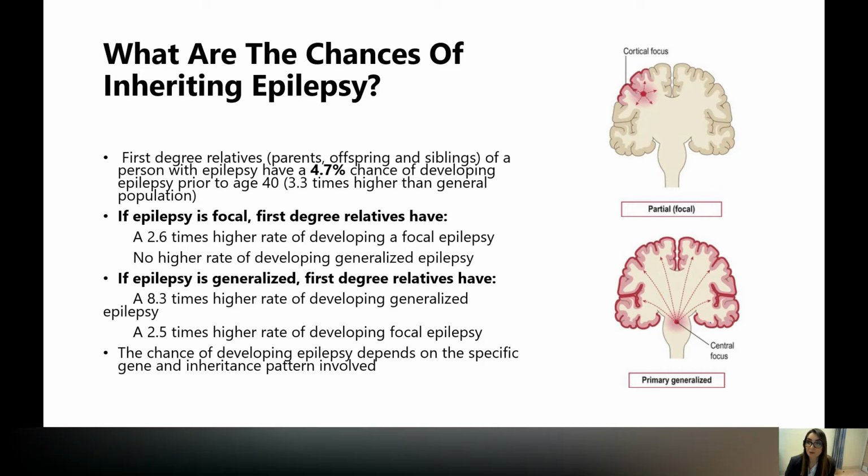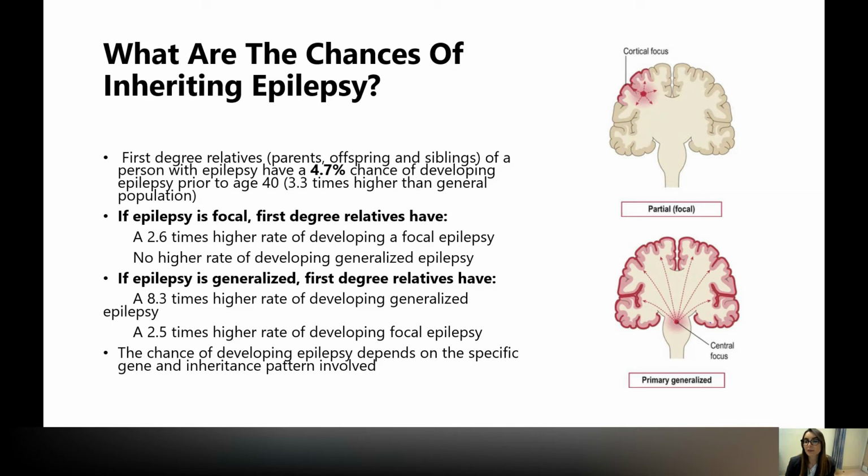So for example, if a person has what we call a focal epilepsy, which is when a single area of the brain is causing the seizures, like the representation on the image, then the risk of having another relative involved with the same disease is 2.6 times higher than the general population.